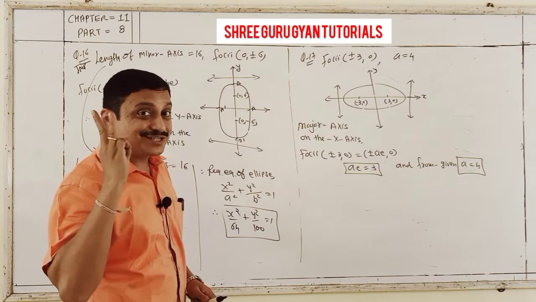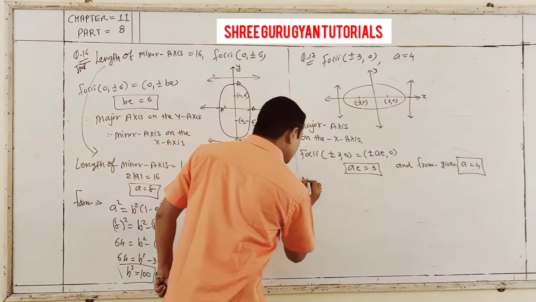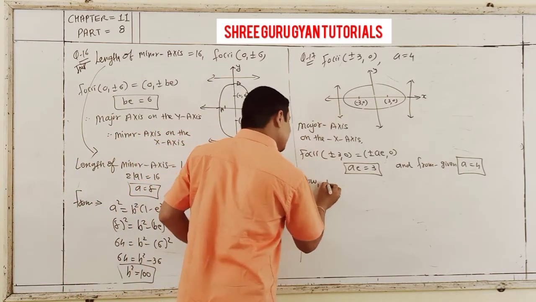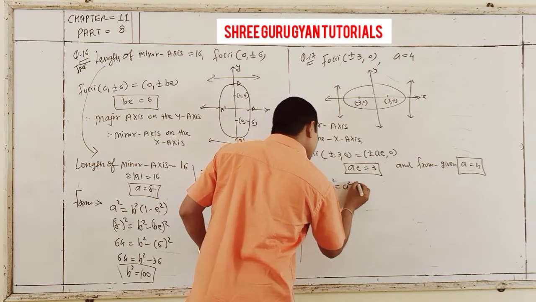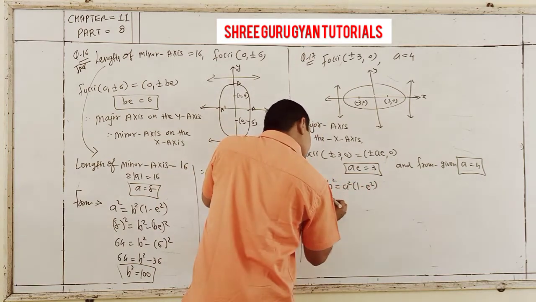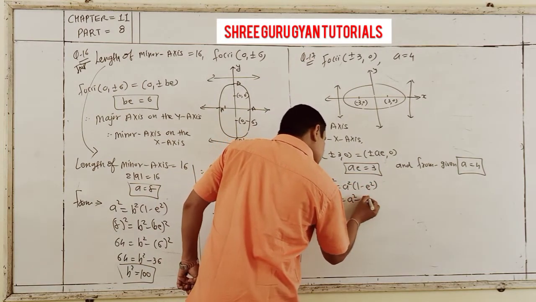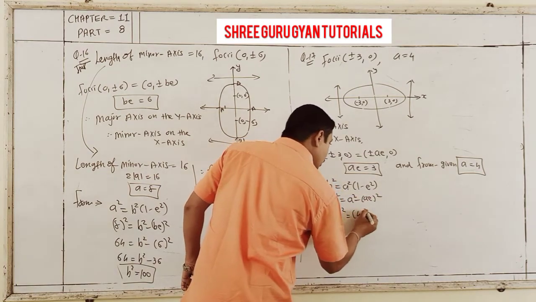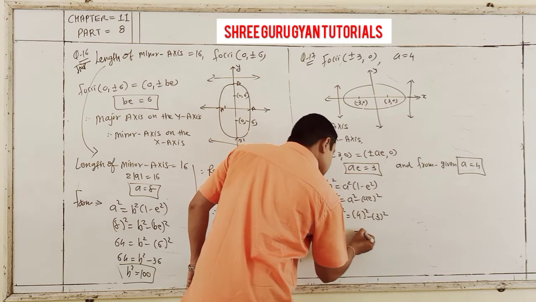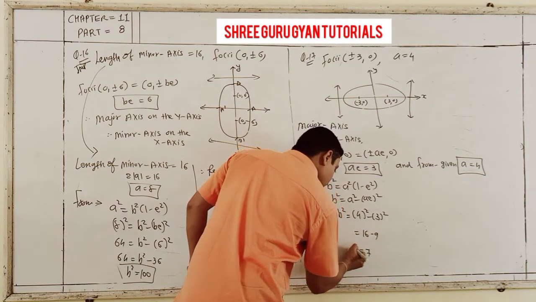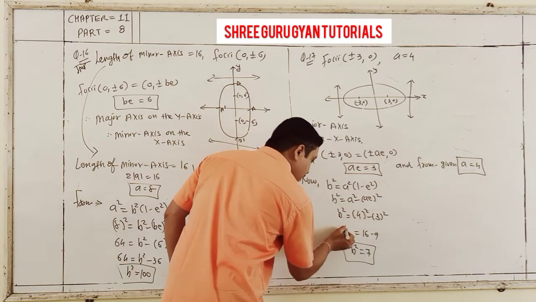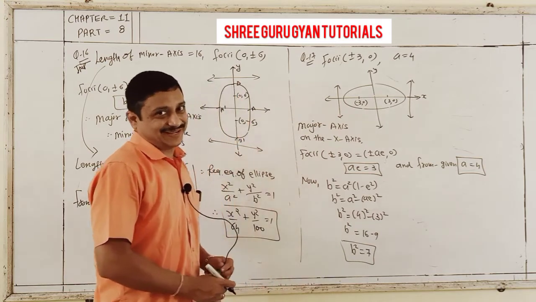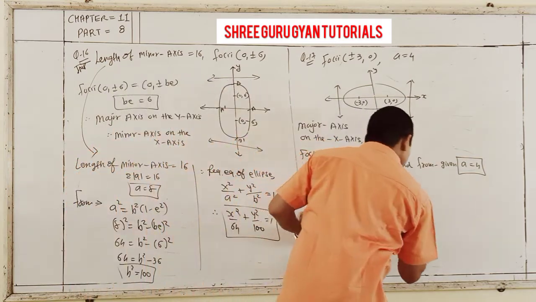Now the third formula. Yes, you know that the major axis is on the x-axis, b square is equal to a square times (1 minus e square). It covers a square. Now what is a? 4. And ae is 3. 16 minus 9 becomes 7. b square is equal to 16 minus 9. So final, done.